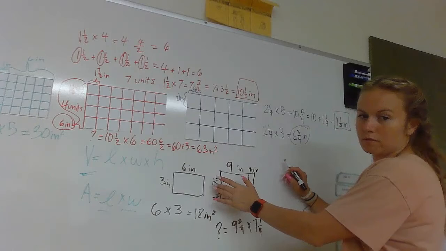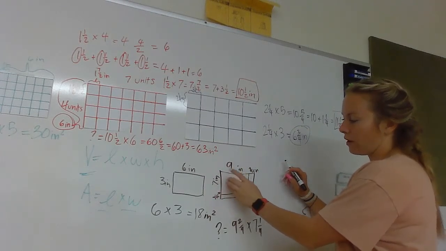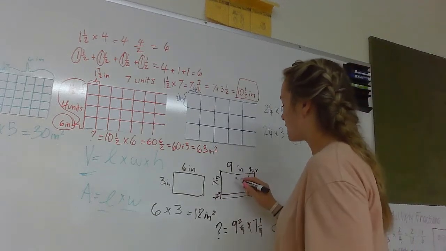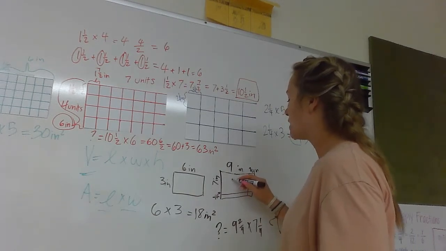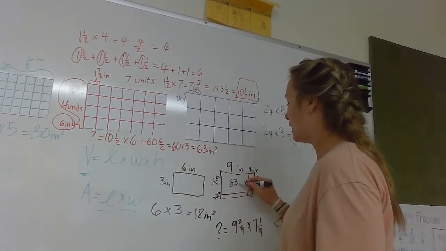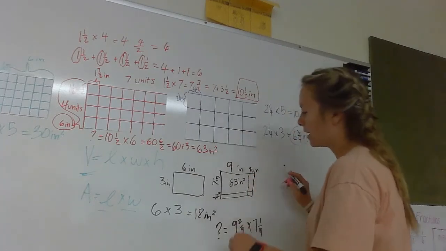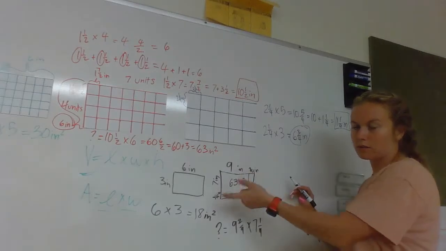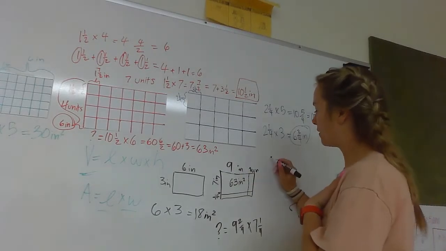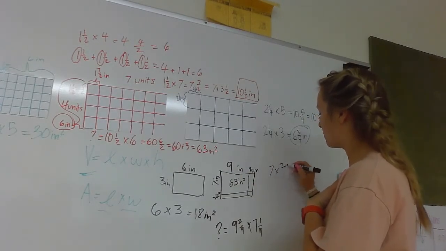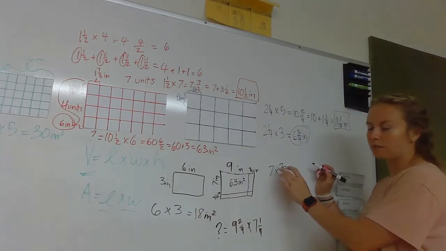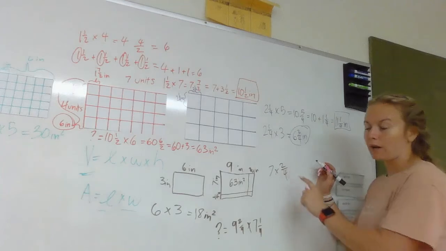Alright, so if we've got this guy, we're going to do 7 times 9. We're going to do our area for this box right here. So 7 times 9 is going to give us a nice 63 inches squared. Now we do 7 times 2/4. If it's a whole number, we only affect the numerator.